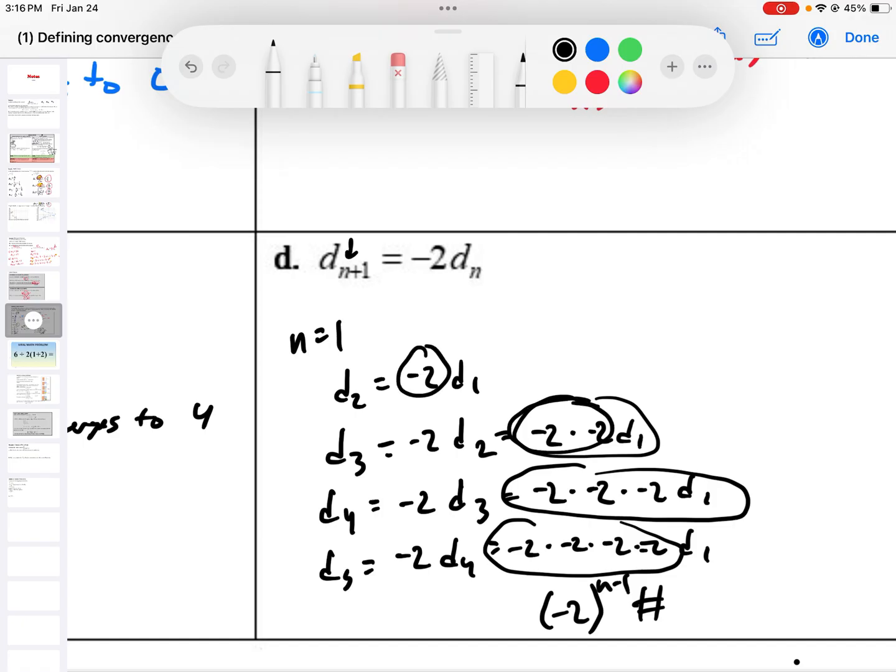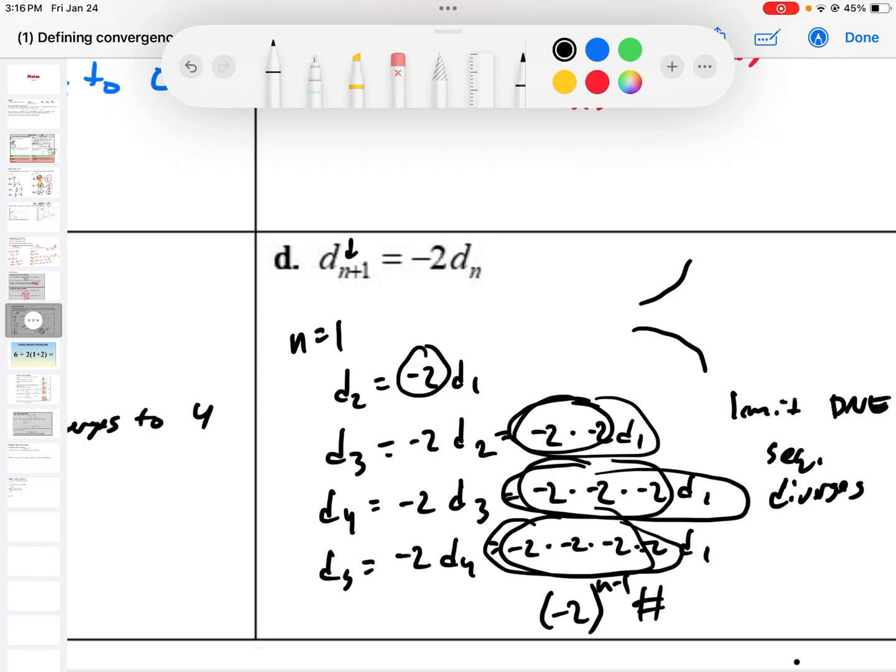As I plug in bigger numbers, I'd have 1 negative, 2 negatives, 3 negatives, 4 negatives. But notice this time they're not approaching 0. They're alternating, getting bigger, huge positive and huge negative. So that first example was alternating, but approaching 0. This one's alternating between bigger and bigger negative and bigger positive. So the limit does not exist. I would say the sequence diverges.